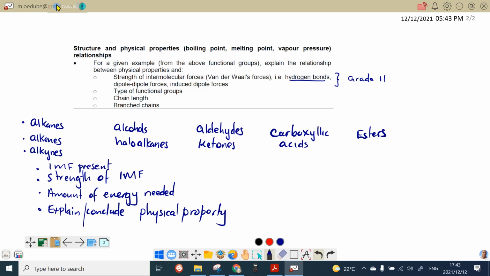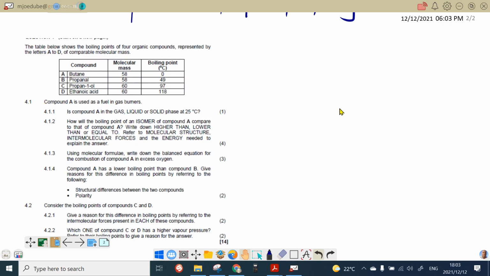I'm going to give you examples of some of these phenomena that we are talking about. In the example below, we are going to look at a question from one of the past papers. This is from March 2013, if I remember correctly.